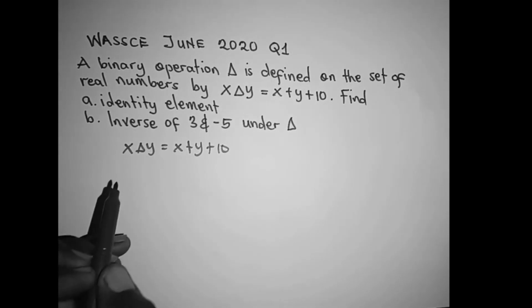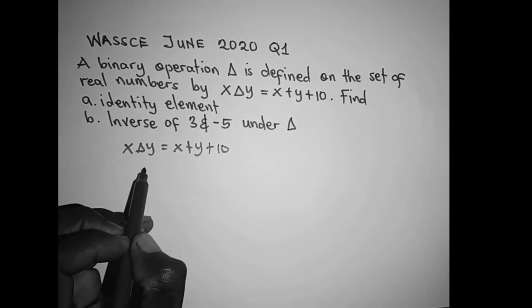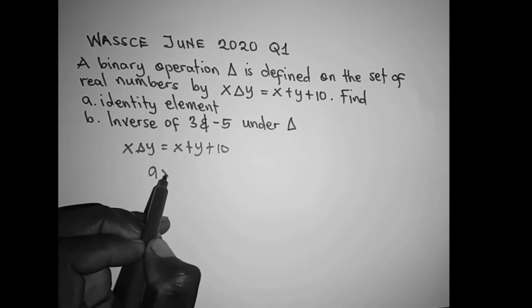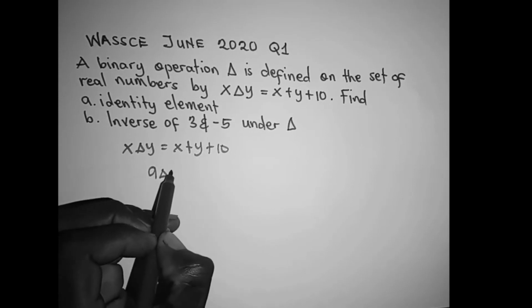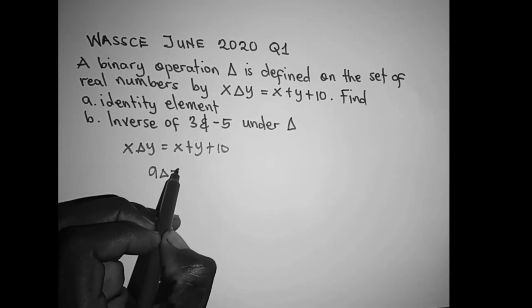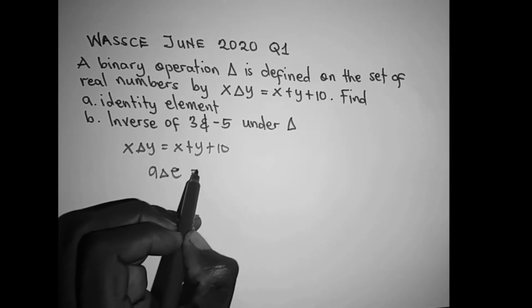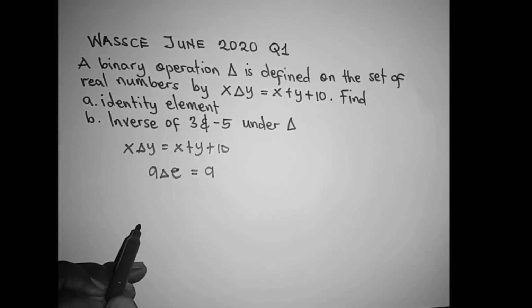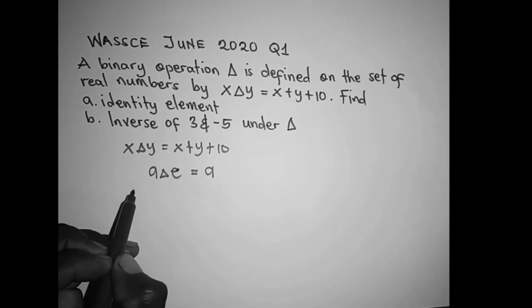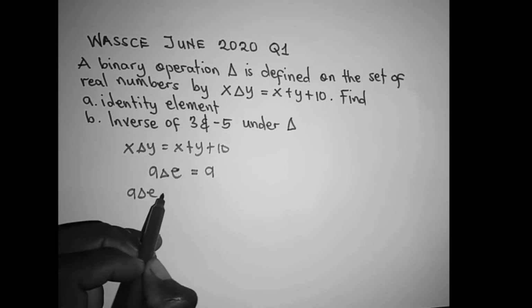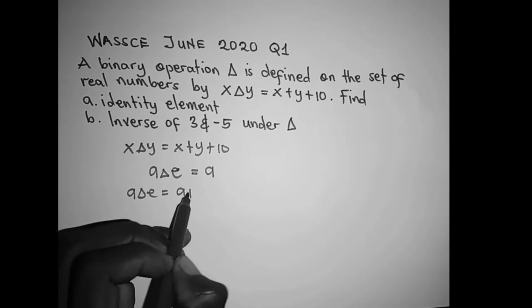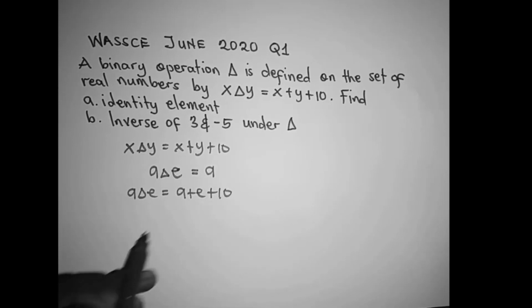Okay, so we know that A operation the identity element equals A. So let's find A operation E. It's equal to A plus E plus 10.